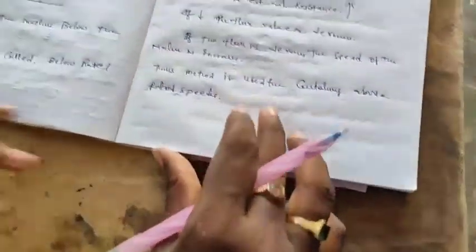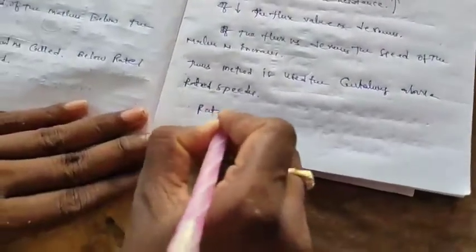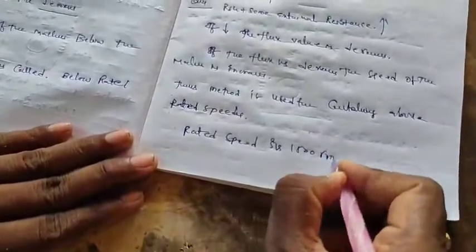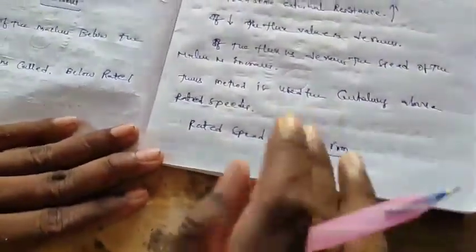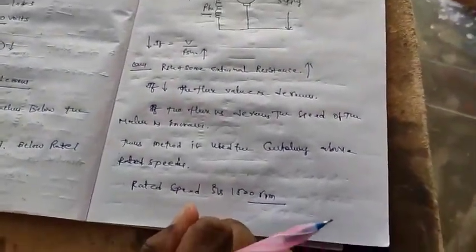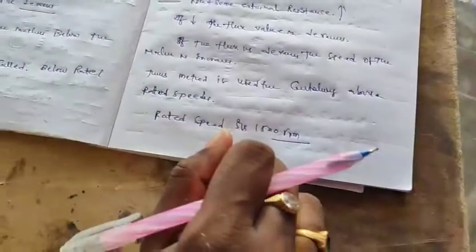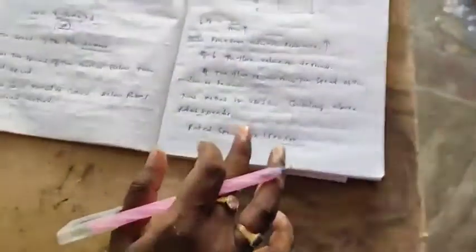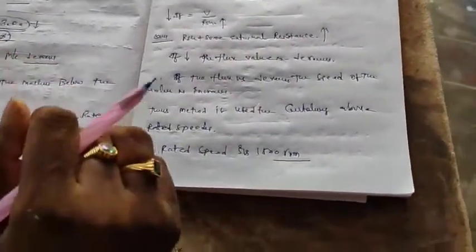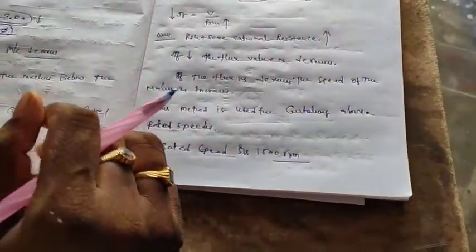For example, if the rated speed is 1500 rpm, rpm meaning revolutions per minute, and we want to control above rated speed, that means more than 1500 rpm, we choose the flux control method. For below 1500 rpm, we have to choose the armature control method. That is the armature control method, and this one is the flux control method.